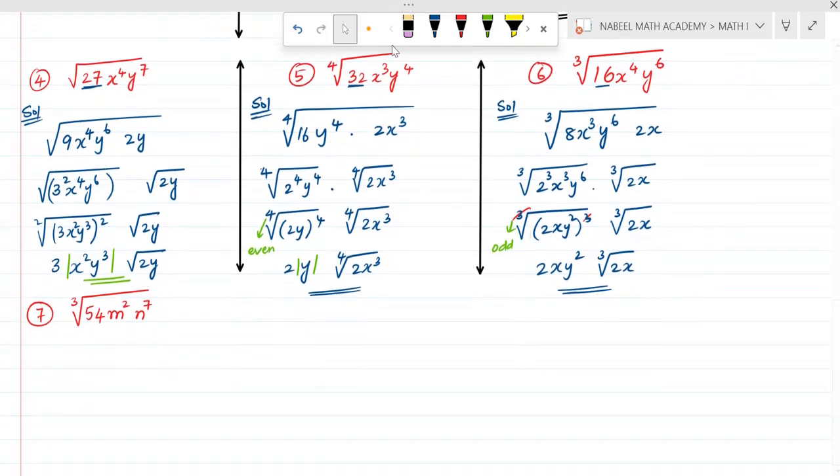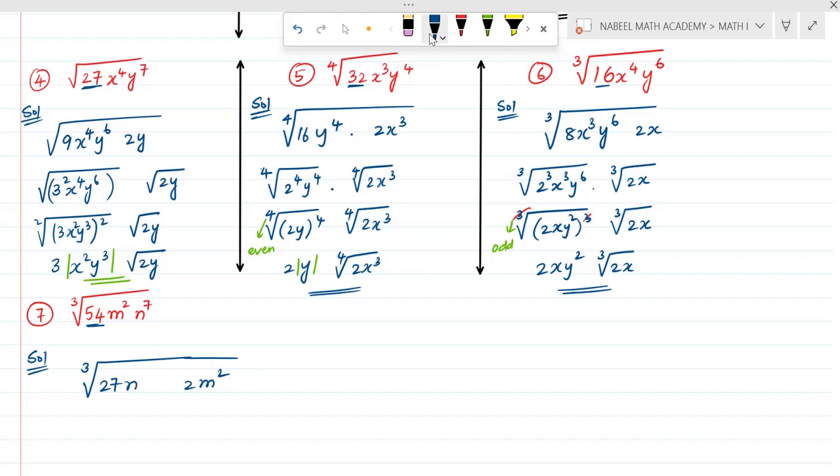The last one we will have power 3. So we will split it, the same thing. Cube root. So 54. 54 can be written as 27 into 2. So this is one part. Now m power 2. So m power 2 is less than 3. I don't want that part, so I make it separate. And n power 7.